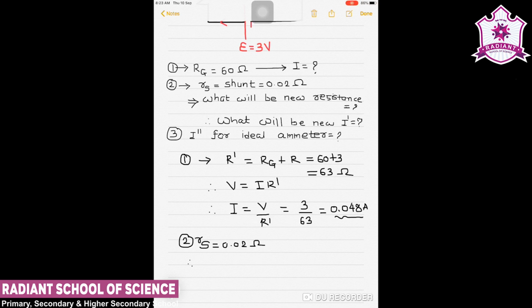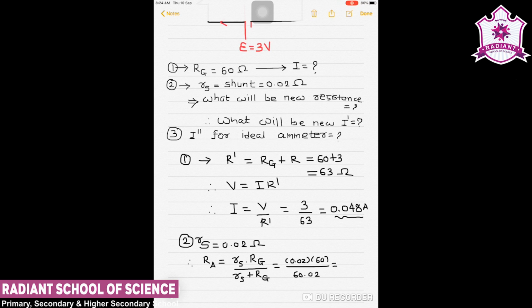So the new resistance of the ammeter, RA, will be RS times RG upon RS plus RG. Here RS is 0.02, RG is 60, upon 60.02.